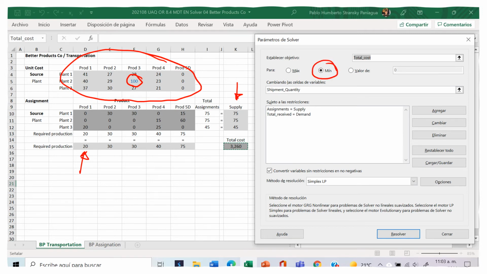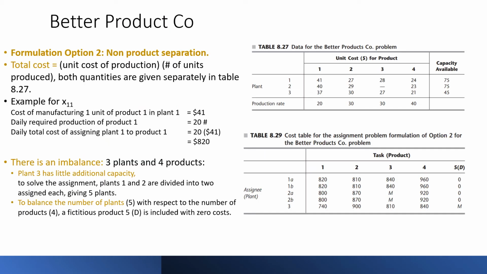Remember to consider to minimize. Our changing variables is going to be the area with the dark gray. We have 2 main restrictions, and we run it. And we're going to get a minimum cost of 3,260.